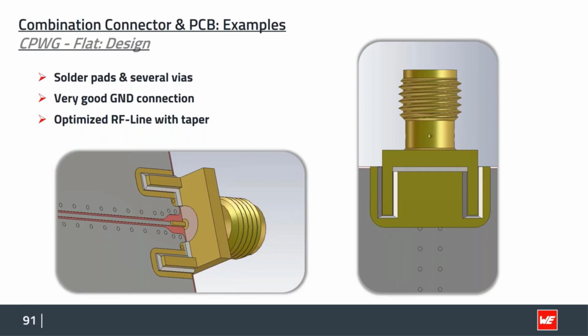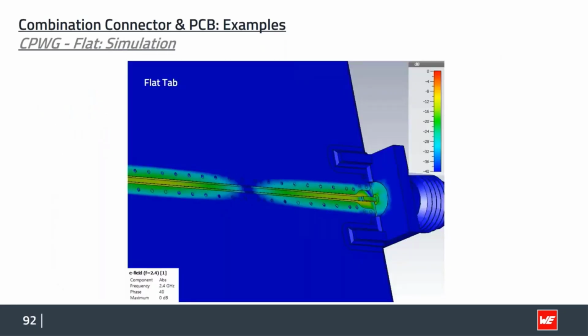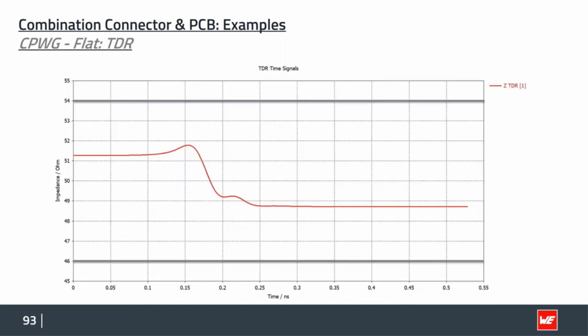So let's have a look at the performance of the flat tap type that we optimized. And we can see, oh, this is looking pretty nice here. There are not really hot spots here. We are not losing too much energy. And if we look at the measurement, we can see that we are pretty nice in the area we defined.